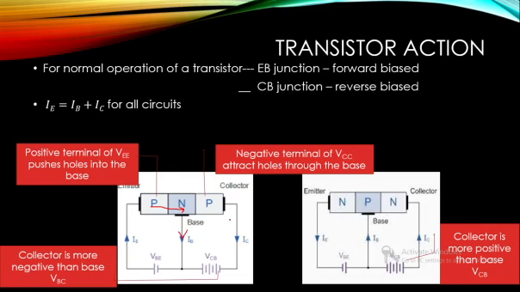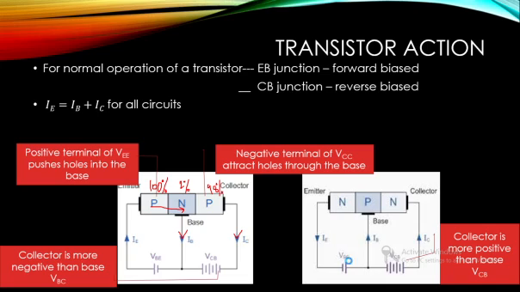One is IB and the other is IC. So you can consider for all circuits, the emitter current will be the sum of base current and collector current. So whatever holes come from the emitter are split up as base current, maybe some 2%, and some 98% as collector current. Similarly here also.